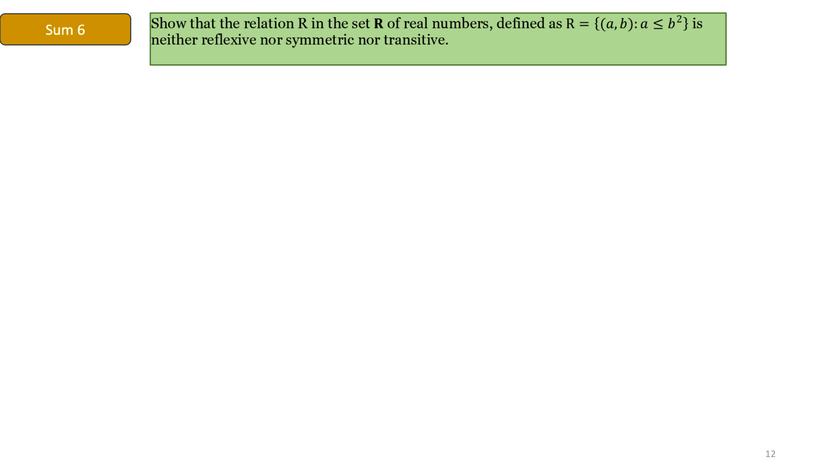Show that the relation R in the set of real numbers, defined as R = {(a, b) : a ≤ b²}, is neither reflexive, nor symmetric, nor transitive.